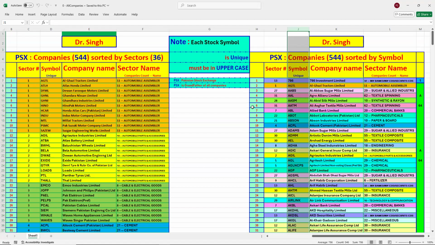Other than that, both tables are the same. I've used colors to identify individual sectors. There's no specific logic for it. Why did I choose that color? But it's there so that your colors appear over here also, as you can see.